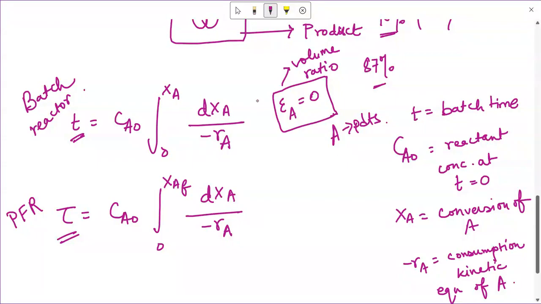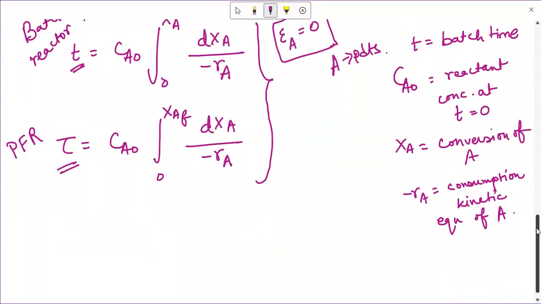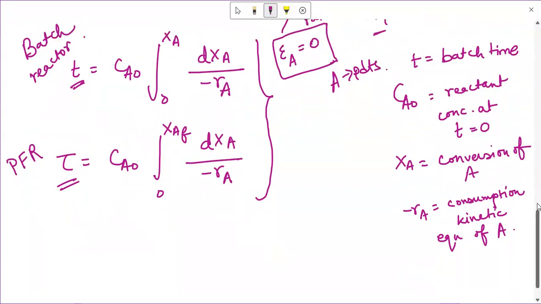So if you consider these two, they are almost similar in character. Therefore, for a given reactor duty, by reactor duty I mean the task that is to be done using that reactor, and considering a constant density system, the performance criteria for the plug flow reactor and the batch reactor become the same.